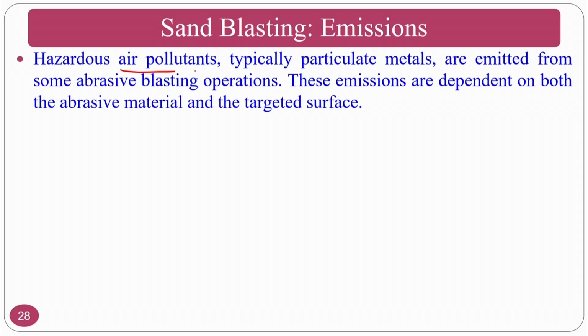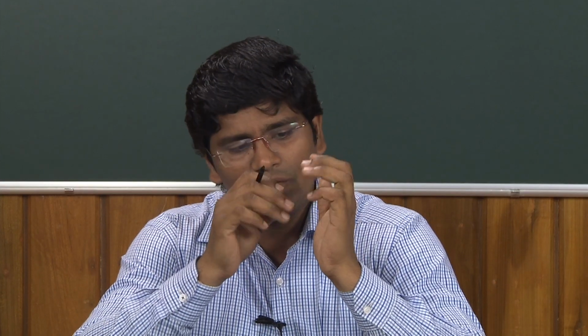Hazardous air pollutants, typically particulate metals, are emitted from abrasive blasting operations, and these emissions depend on both the size of the abrasive material and the target surface. If your abrasive particles are ceramic particles, they will indent the surface. Depending on the hardness ratio, that is, particle hardness to workpiece hardness, a lot of mechanical changes will take place in the particles.